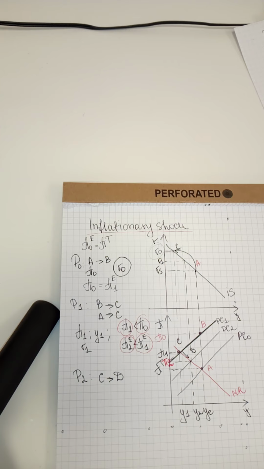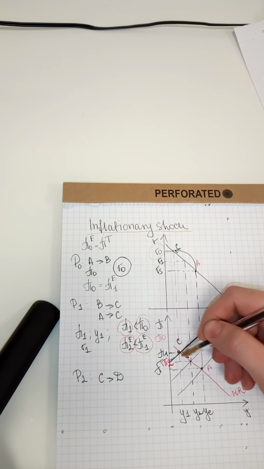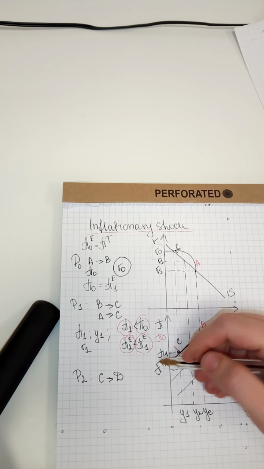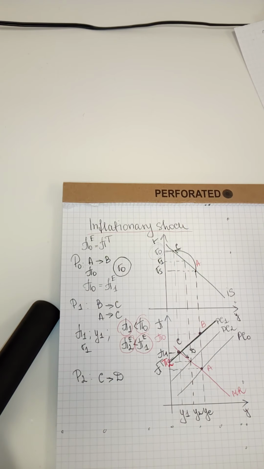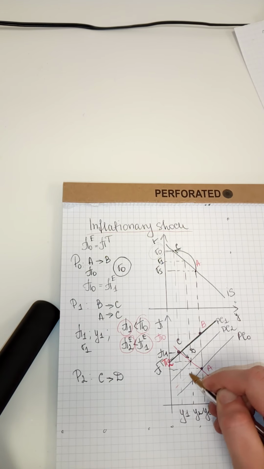And yeah, so here, since we have a decrease in the rate of inflation in this period, because pi 2 exhibits a lower value than pi 1, we know that in the third period the same thing will happen.